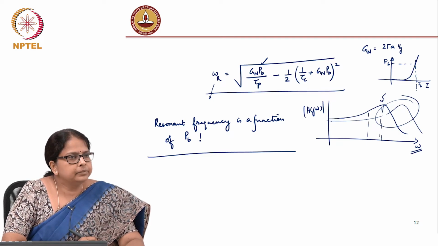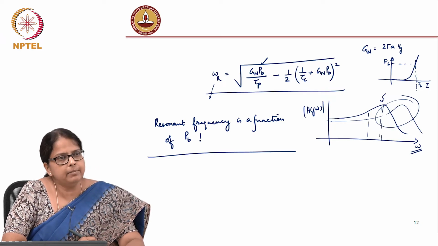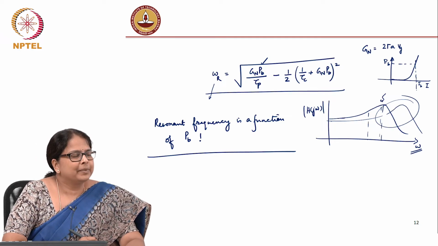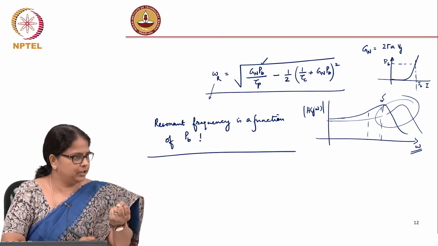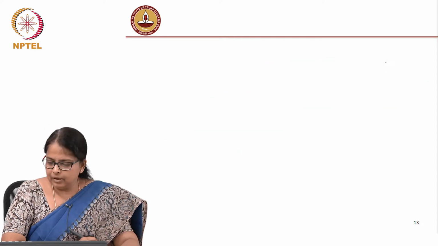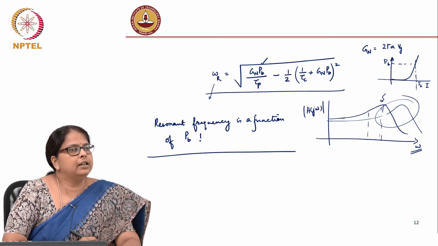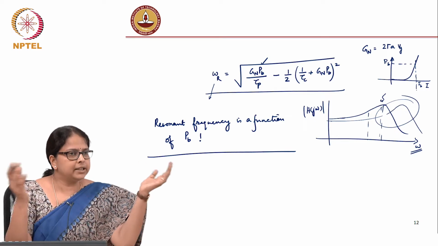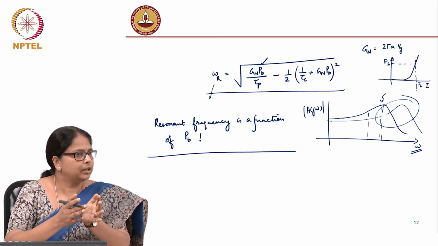What does tau p physically mean? It is a photon lifetime, but what does it relate to? The time after which the photon number decays to 1 by e of its original value. So, with what measurable is it related to? Okay. So, photon lifetime is decided by the loss in the system. The larger the loss in the system, the smaller the lifetime is going to be.